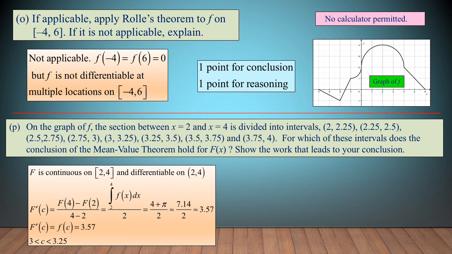Capital F is certainly continuous on the interval 2 to 4 and differentiable on the open interval 2 to 4. Therefore, the mean value theorem says that capital F prime of C must equal F of 4 minus F of 2 over 4 minus 2.